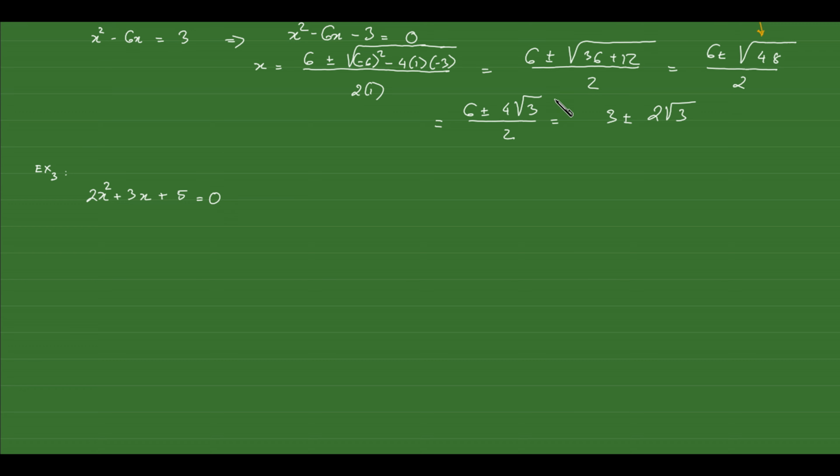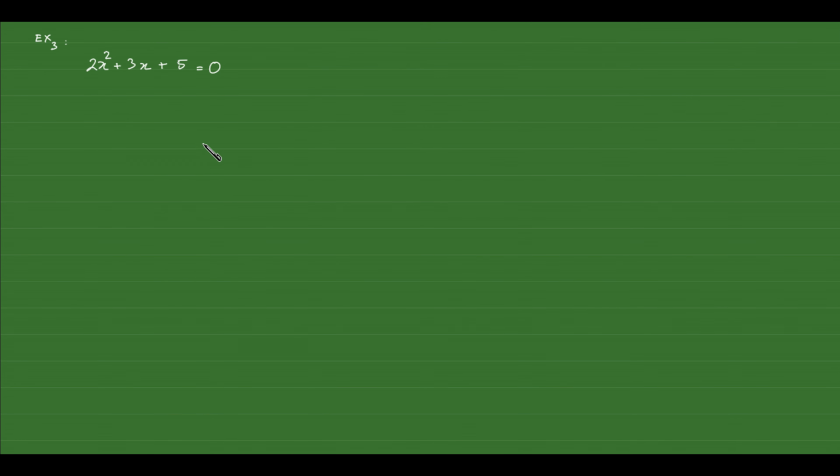Now I'm going to use the quadratic formula, right? So I have x equals minus b, which is minus 3, plus or minus the square root of 3 squared, and you don't have to put parentheses because it's positive, minus 4ac, over 2a, so over 4.